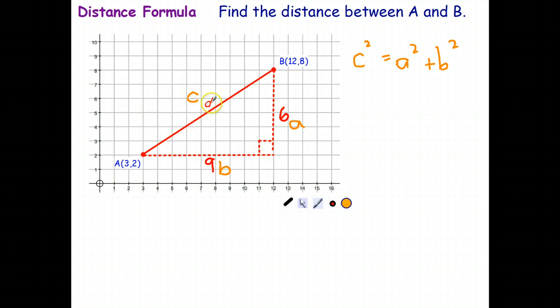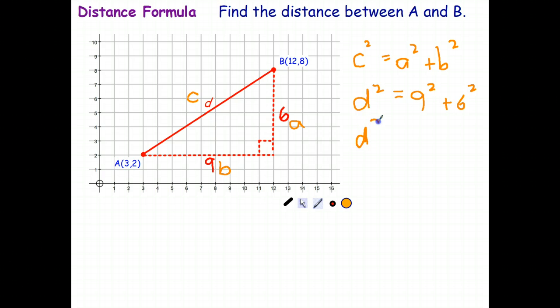So in place of C, I'm going to put the letter D, which stands for distance. The value of A is 9 units. The value of B is 6 units.